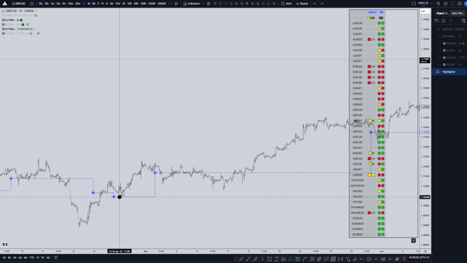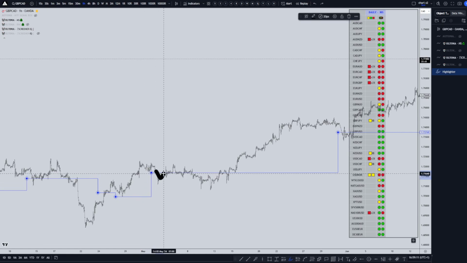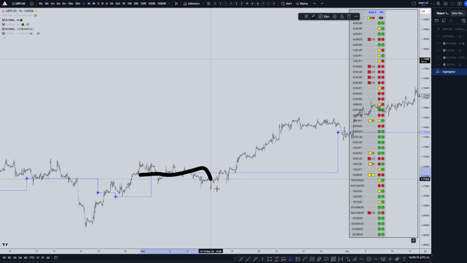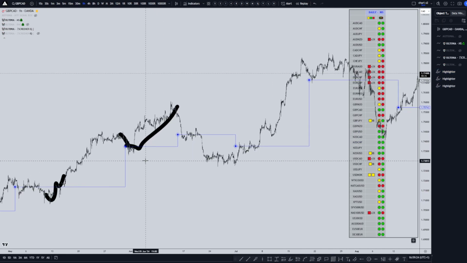Aggressive buyers step in, push the price higher, right? Again, it comes back to this inefficiency. In this case it fails, so it exchanges hands from buyers to sellers. Buyers take control and move price higher. Pulls back, buyers take control, move price higher, and so on.